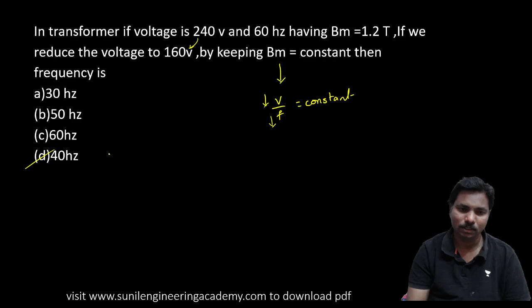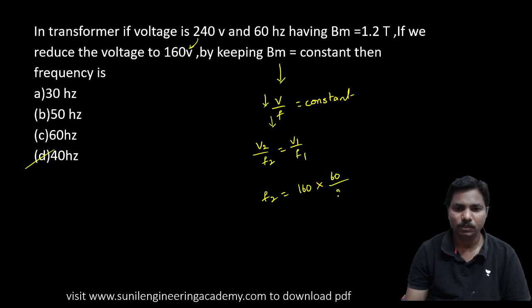If you want to understand it by formula, V by F constant means V2 by F2 is equal to V1 by F1. So F2 equals V2, which changes to 160, into F1 by V1. F1 is 60, V1 is 240.